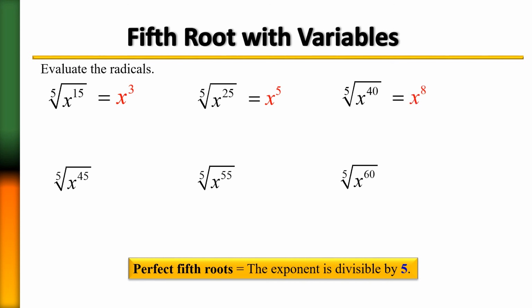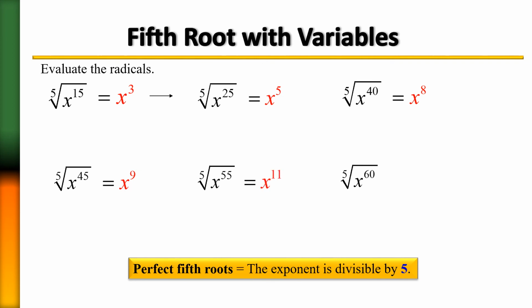What is the fifth root of x to the 45th power? Yes, x to the 9th. What is the fifth root of x to the 55th power? Yes, x to the 11th.